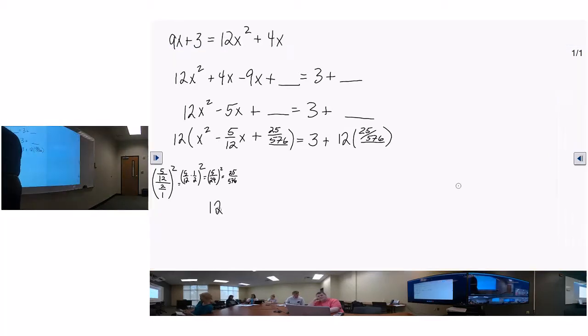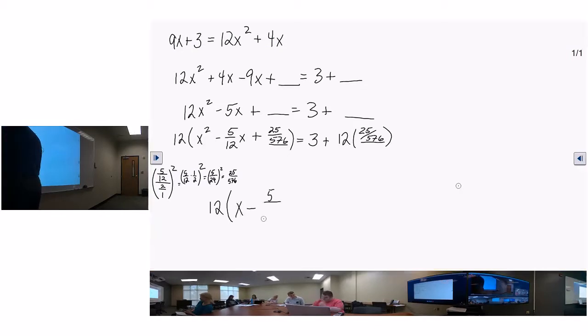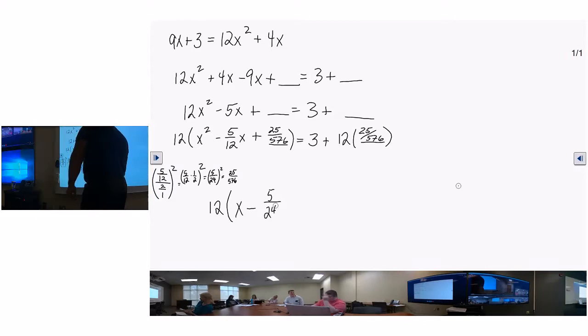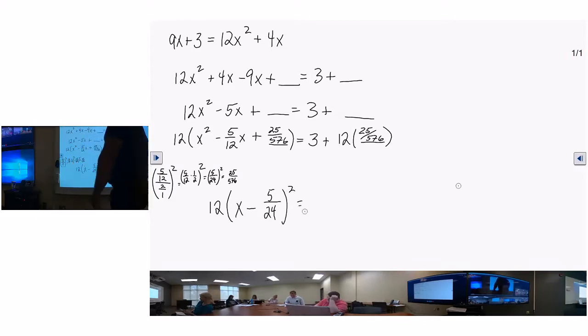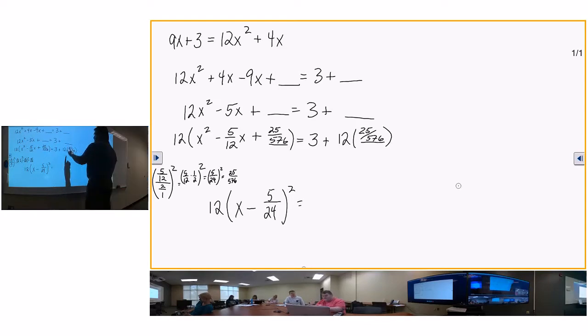12 times x minus 5 over 24, quantity squared is equal to... we might as well quit now. Okay, somebody divide 576 by 24. I know it's divisible by 12 because 24 is the perfect square.